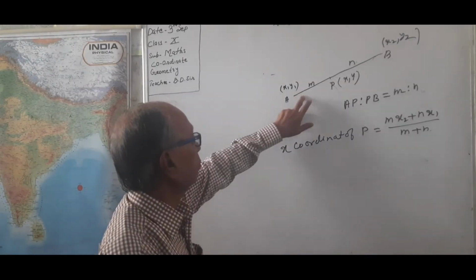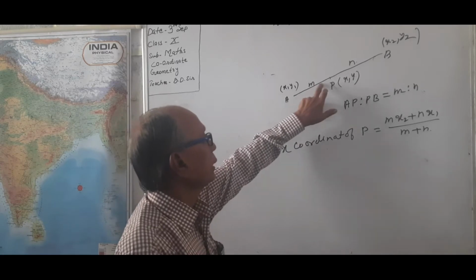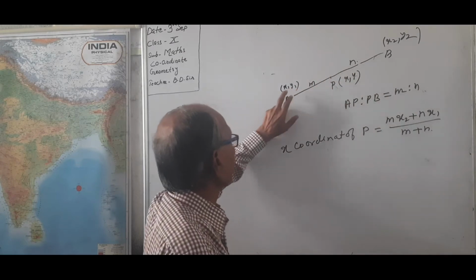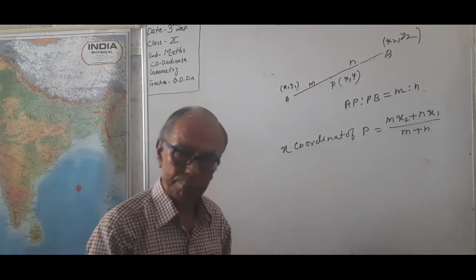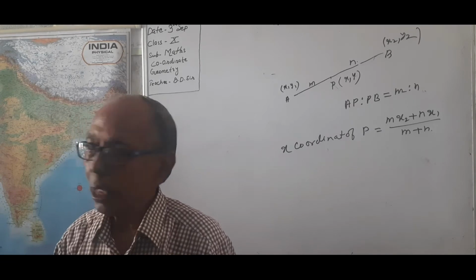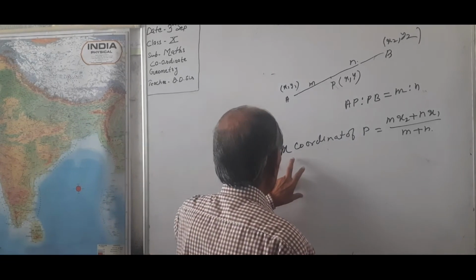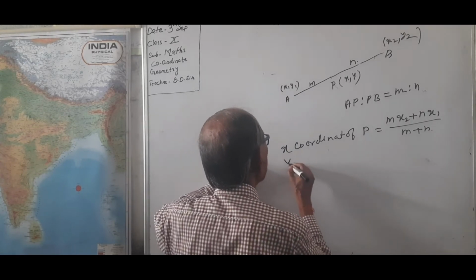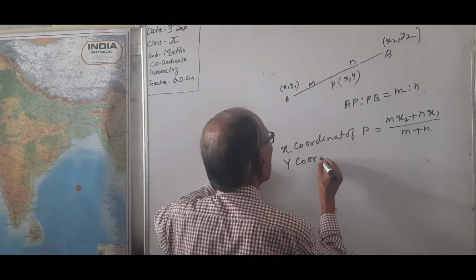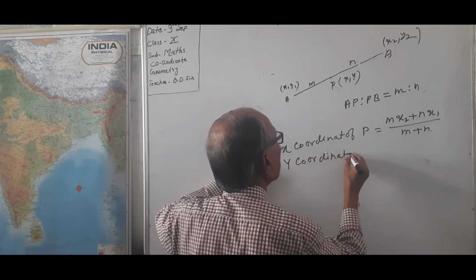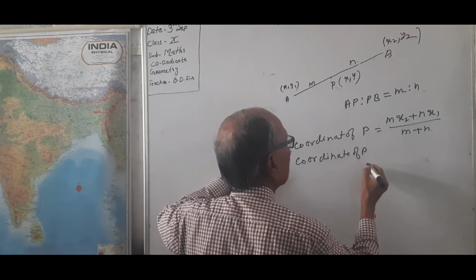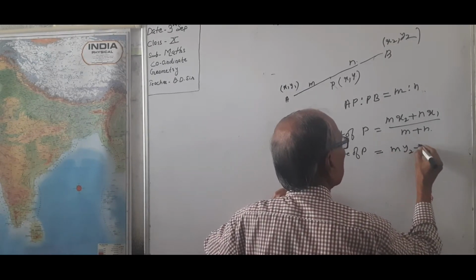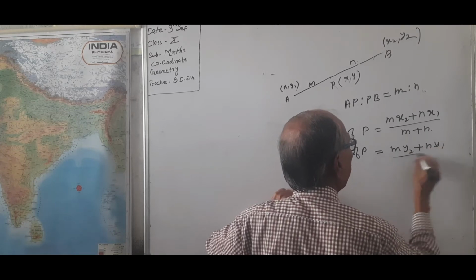That is, m into x2 plus n into x1 by m plus n. This is the value of x coordinate. Similarly, y coordinate of P is equal to my2 plus ny1 by m plus n.